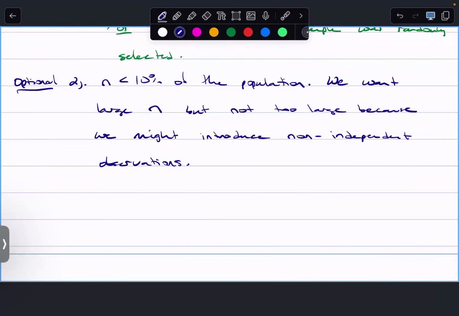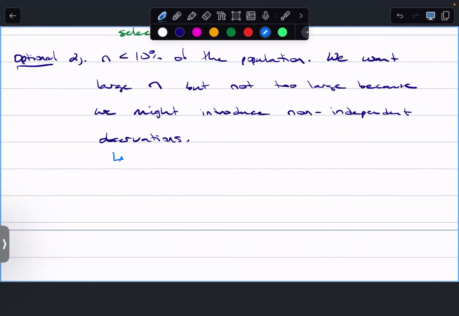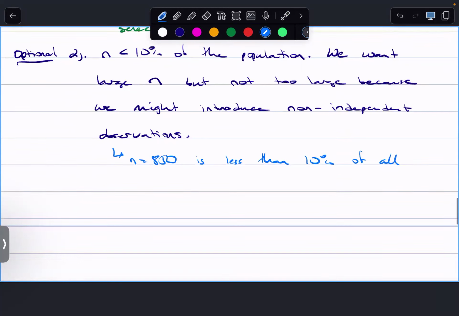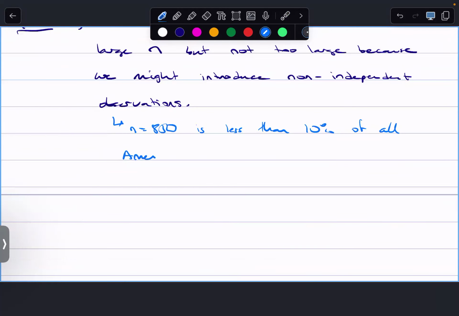So in this case, N equal to 850 is less than 10% of all American Facebook users.